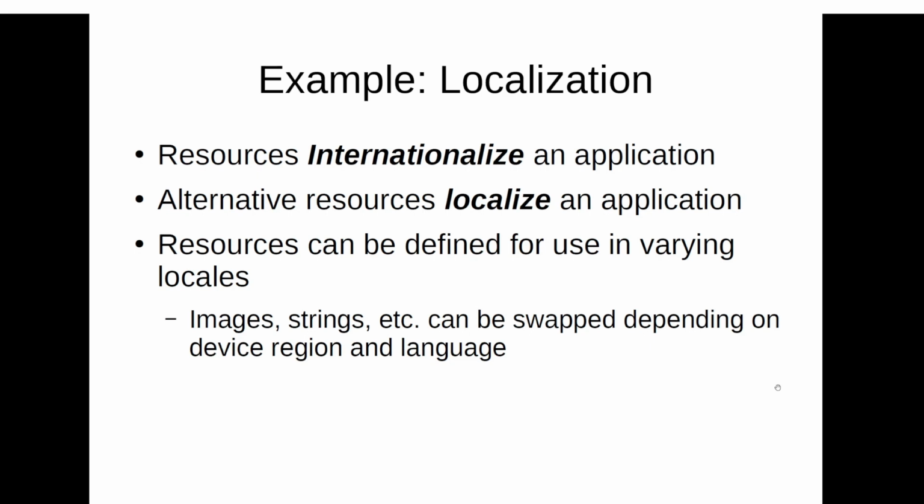Once we have done that, Android can automatically select the proper localized resources based on the device configuration when the application is being run. So we can provide any type of resource, image, strings, layouts, what have you, and then have them be selected if the device that is running your application is in a certain part of the world or is set to a certain language.